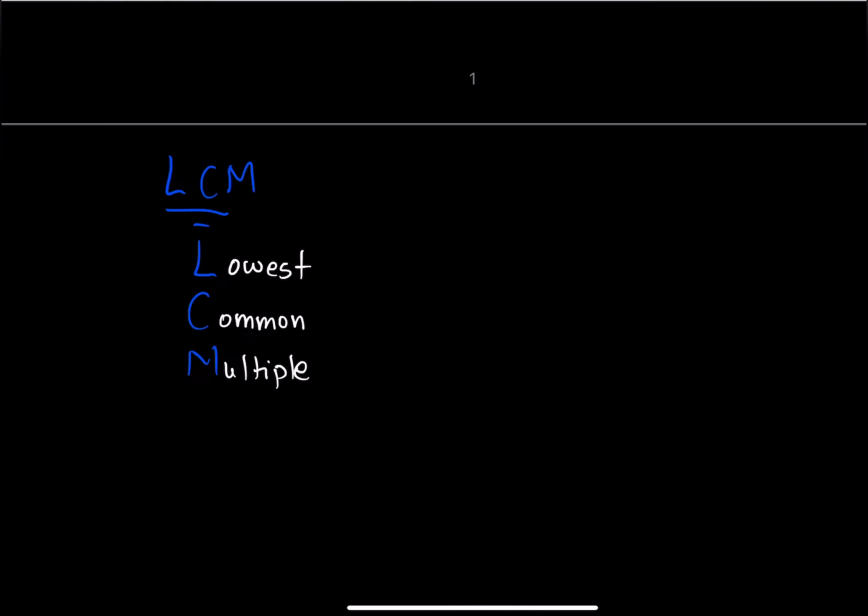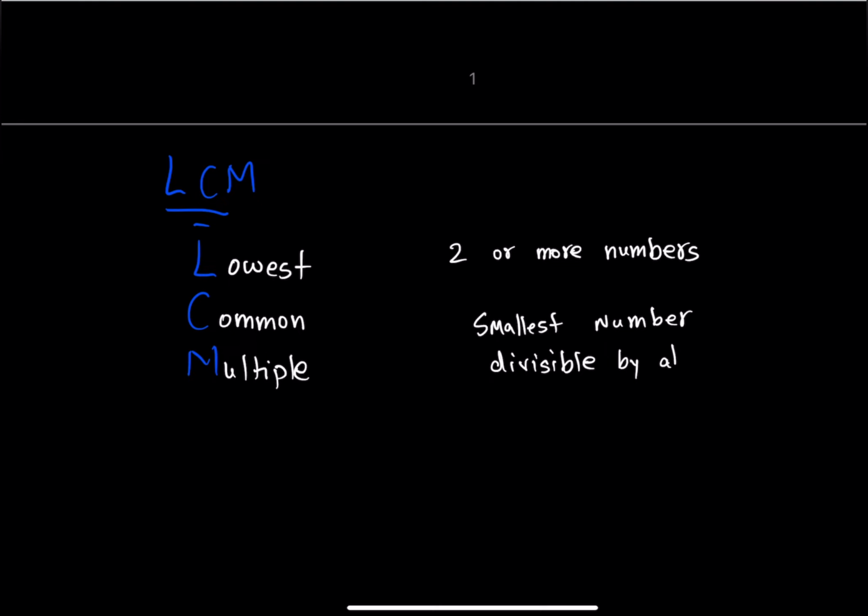Well, when you have two or more numbers and you want to find out what is the smallest number that is divisible by both, or as many numbers as you have. So it's the smallest number divisible by all the numbers.